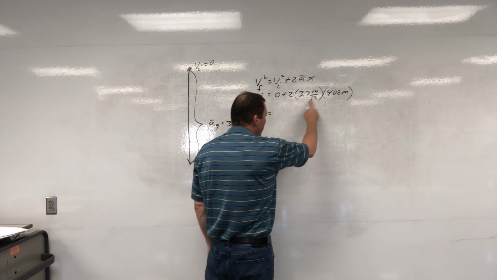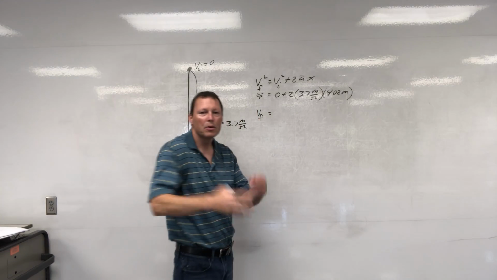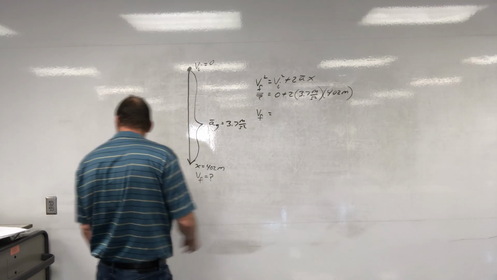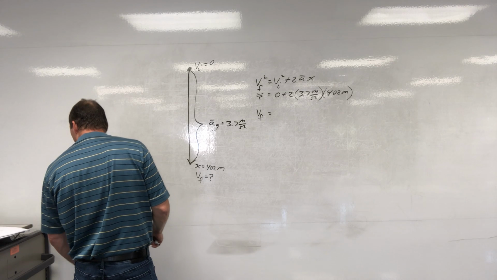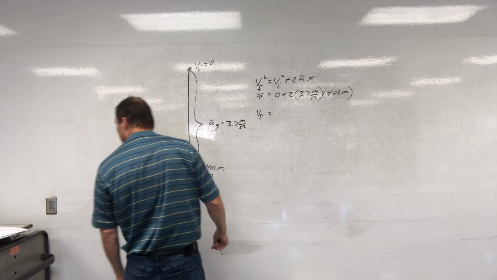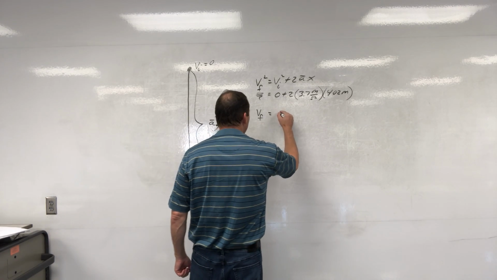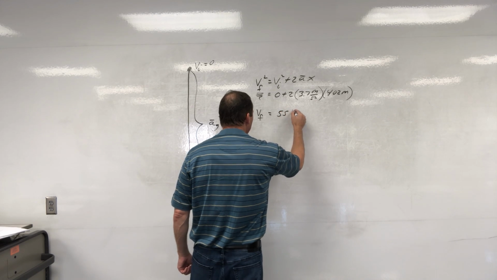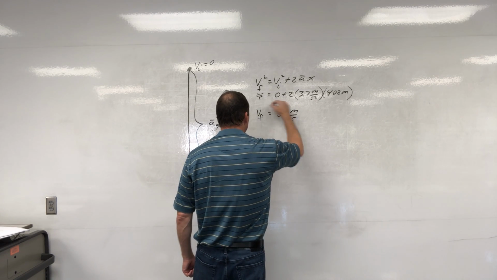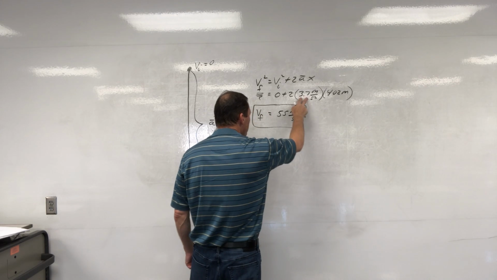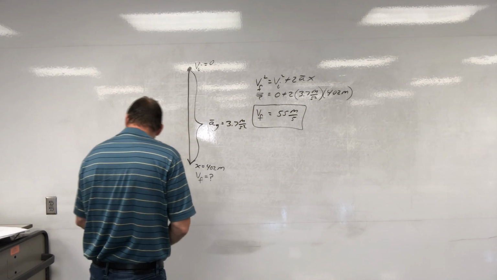So multiply these three together, whatever that number is, take the square root of it, and when you do that and you round off, you're going to get 55 meters per second. So 55 meters per second. There we go, 2 significant digits.